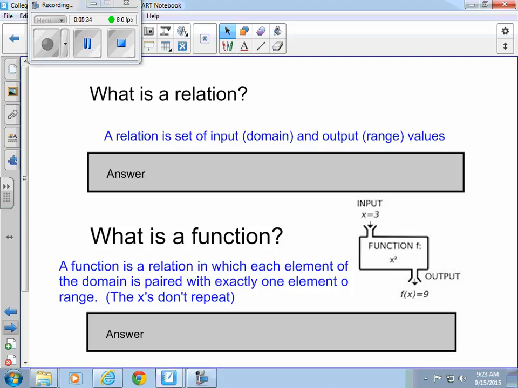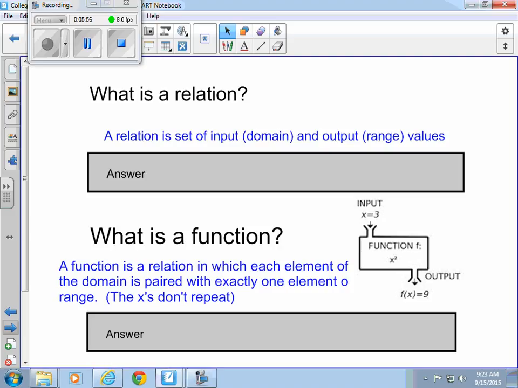What that means is the x's don't repeat, but when you put in an x, you get a specific answer out. Say you put in a 3 and it gave you 5 and 7. That's not a very good function. Functions are useful for predicting things. Say we did make a height shoe size comparison function.